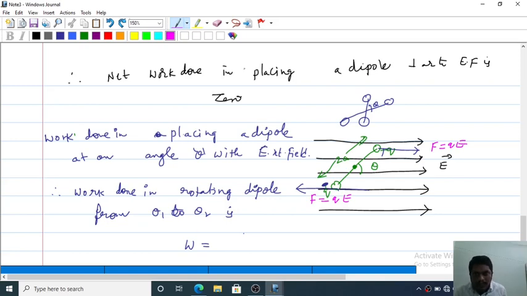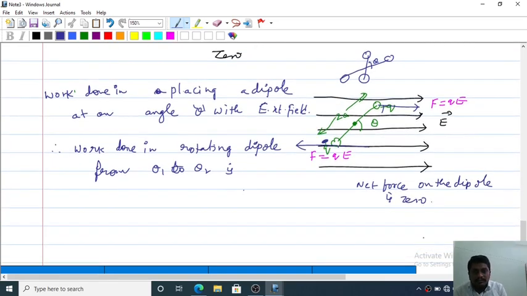Here the net force on the dipole is 0. So how can you find out that work done? The work done formula is force into displacement, but the net force is 0.